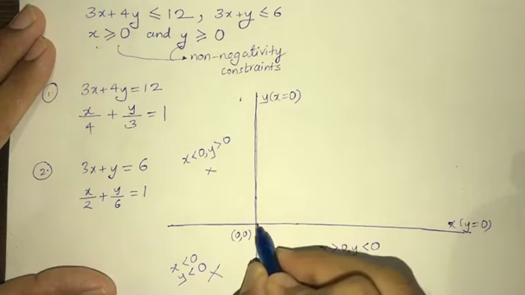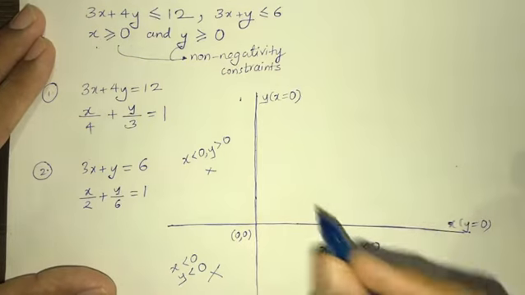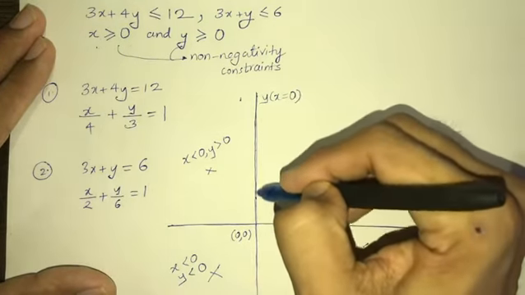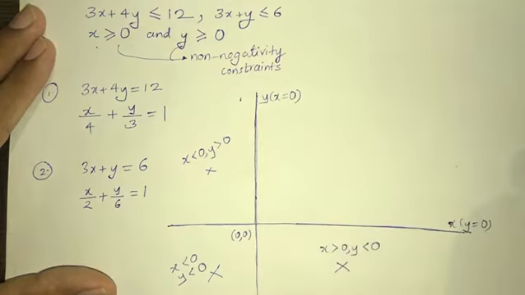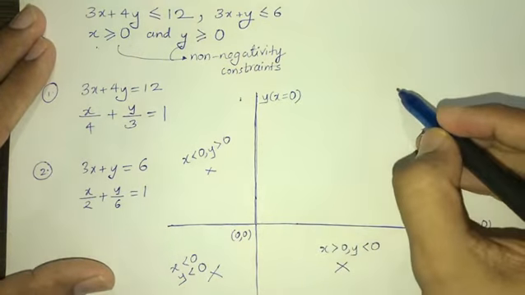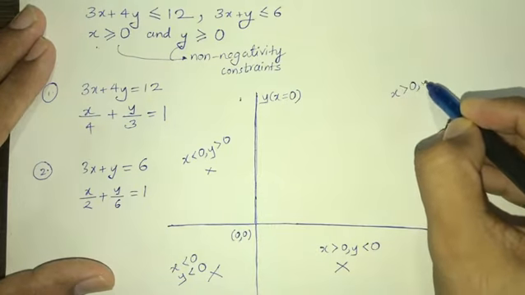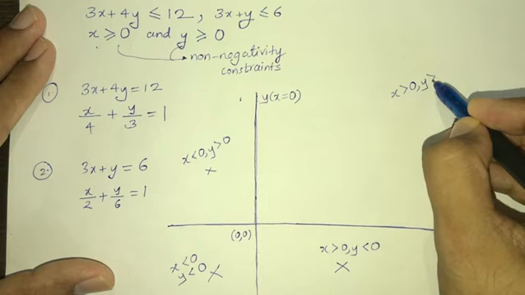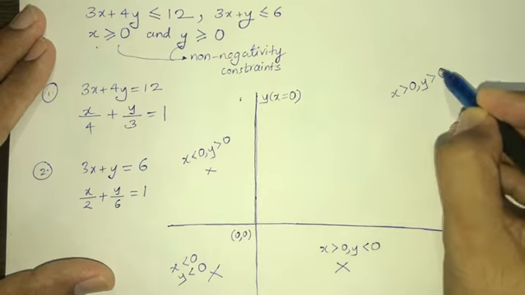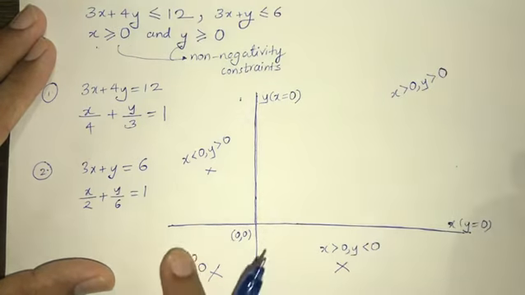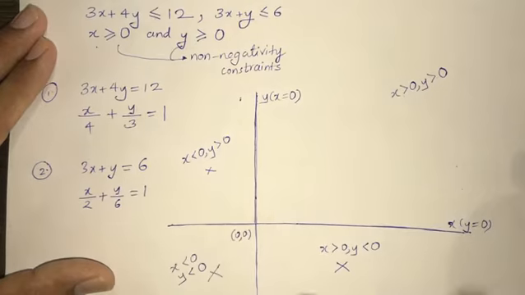So I want the y coordinate to be equal to 0. For the point I want the x coordinate to be equal to 0, and then I want the points for which both x coordinate and y coordinate are greater than 0. So they are called non-negativity constraints. We don't want a point with a negative x coordinate or a negative y coordinate.